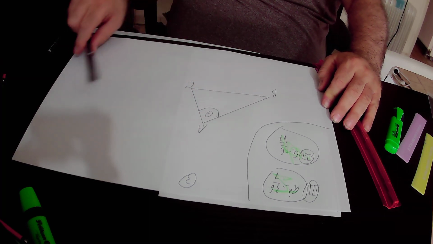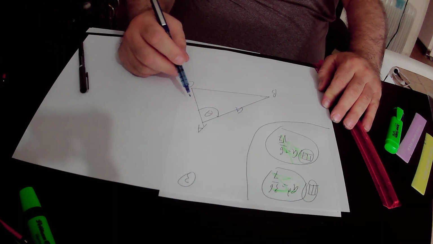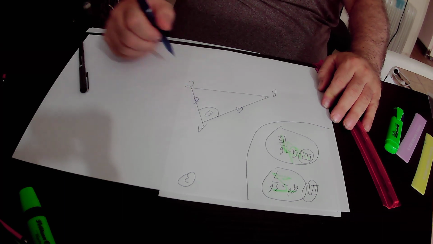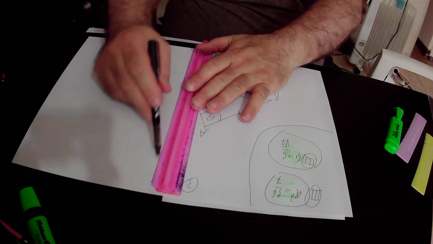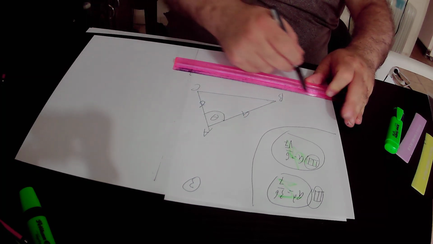The length of side AB is equal to A units. The length of side AC equals B units.